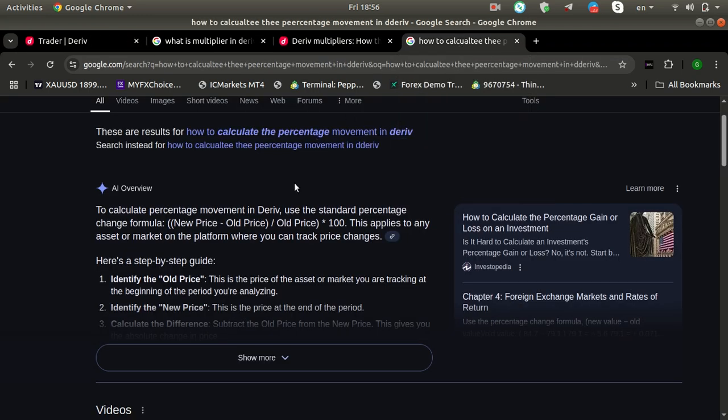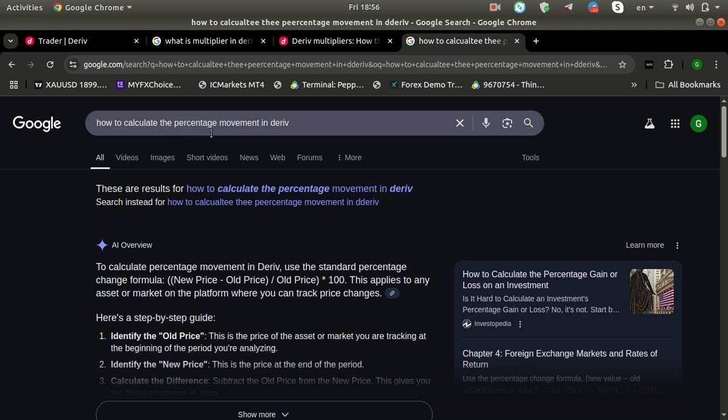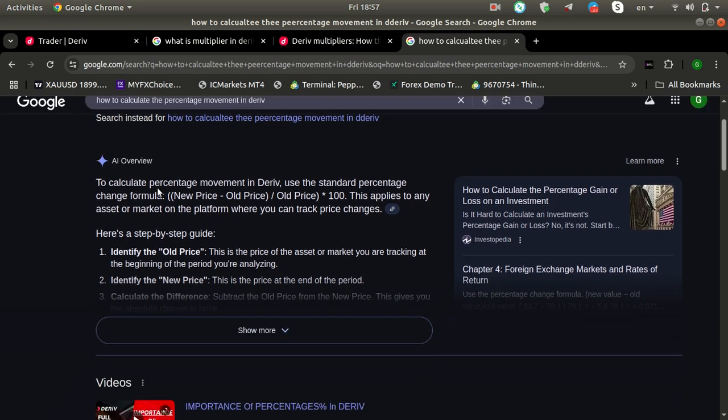So let's see. So how to calculate the percentage movement in Deriv. To calculate percentage movement in Deriv, use the standard percentage change formula, which is new price minus old price divided by old price times 100. This applies to any asset or market on the platform where you can track price change.